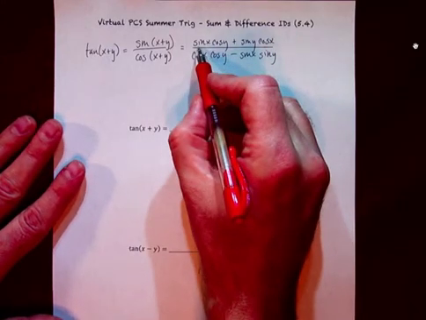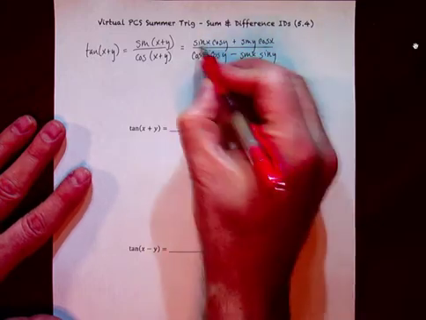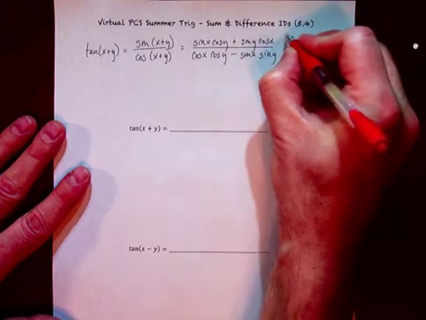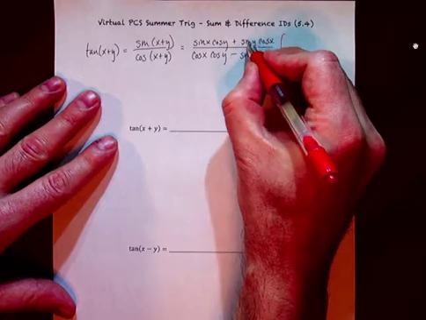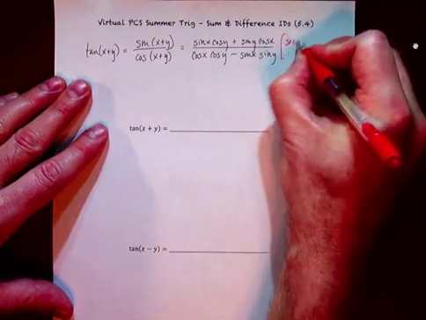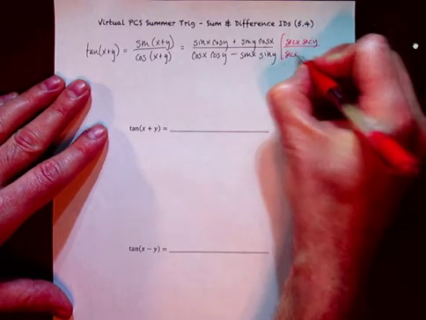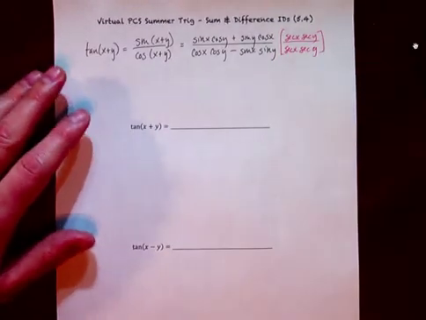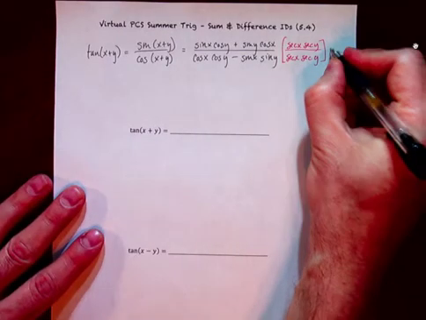Basically, what that means is I need to take the sine here and transform it into tangent, and I need to get rid of the cosine. And here I need to take the sine and turn it into tangent, and get rid of the cosine. So if I'm looking at the numerator, I know that I need to multiply through by secant x secant y, and that's the same thing that's going to help in the denominator.